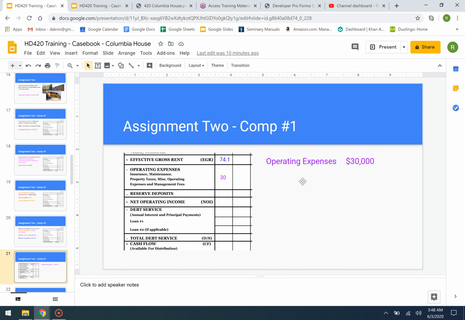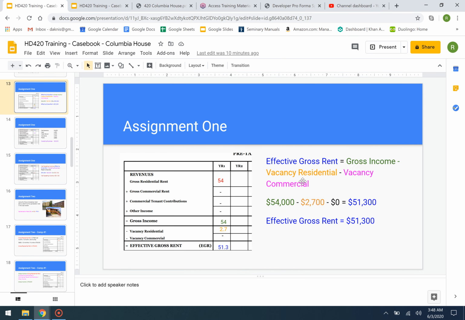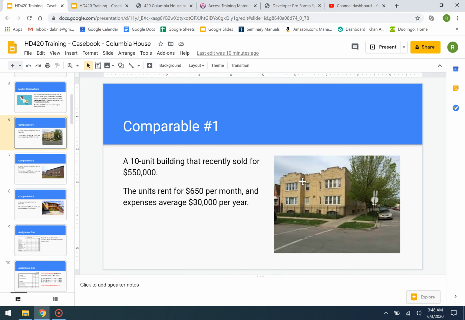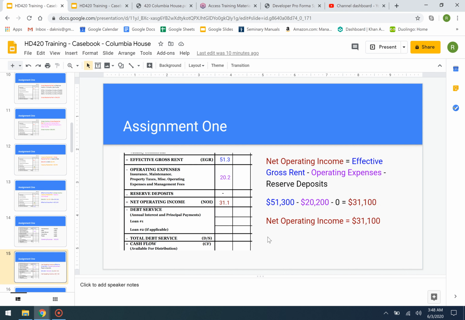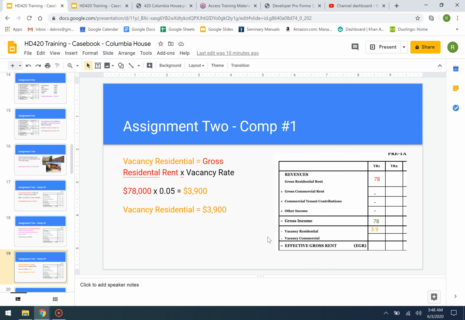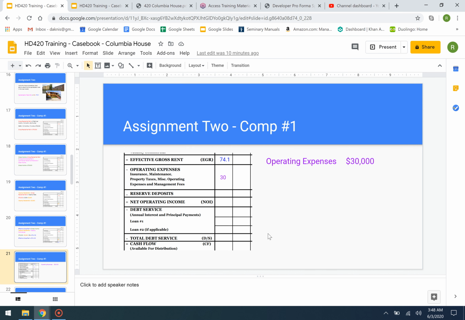We take the operating expenses, again, that came from the fact pattern. Go up to comp 1. Expenses averaging $30,000 per year. So that's already given to us in the assignment. So operating expenses of $30,000 per year, we plug that in underneath the effective gross rent right there under operating expenses.